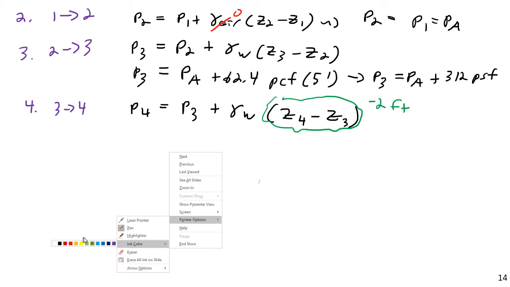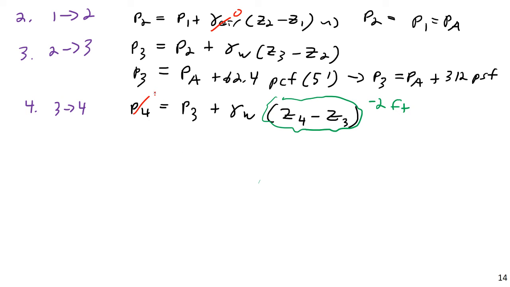Another thing to keep in mind is that we're working with gauge pressure, so P4 is 0 because of gauge.